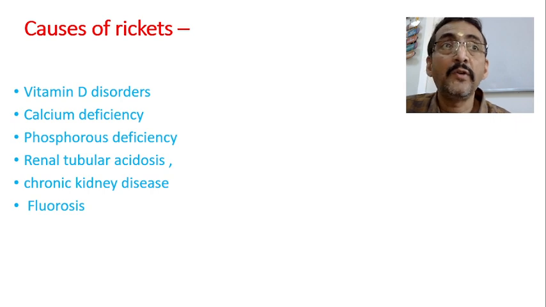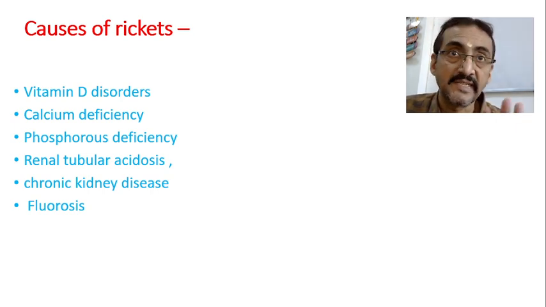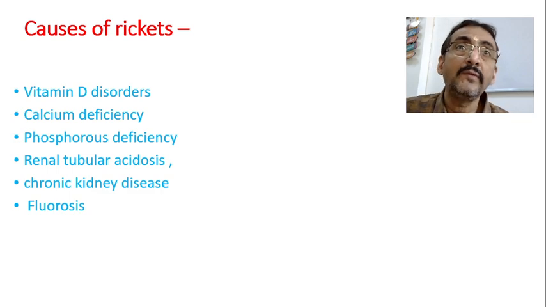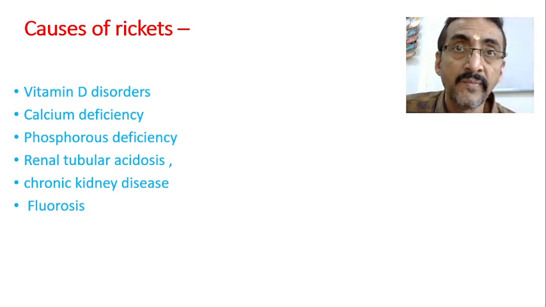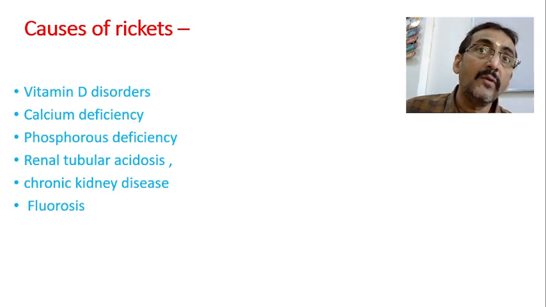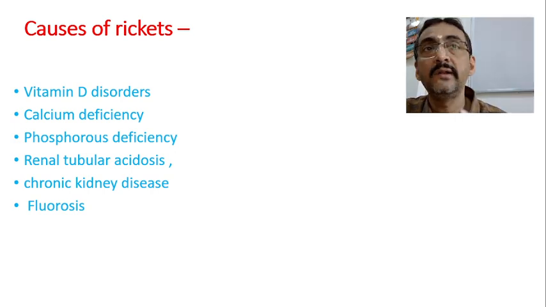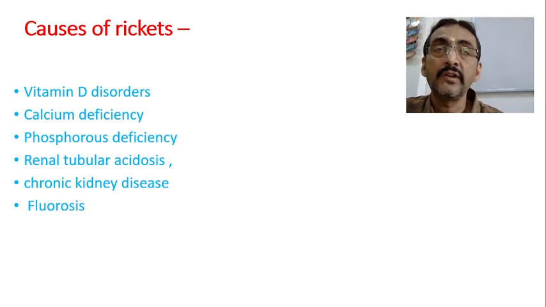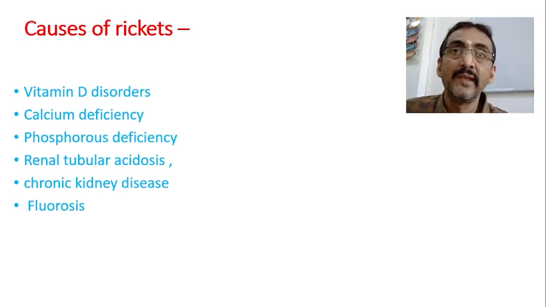They are also called non-nutritional rickets, or refractory rickets, or resistant rickets. So far, what we have discussed, if the problem is because of improper sunlight exposure, dietary problems, malnutrition, etc., they are all causes of nutritional rickets. So here we divide rickets into two types: nutritional rickets and non-nutritional rickets. If only diet is a problem, or only improper sunlight exposure, then it leads to nutritional rickets.